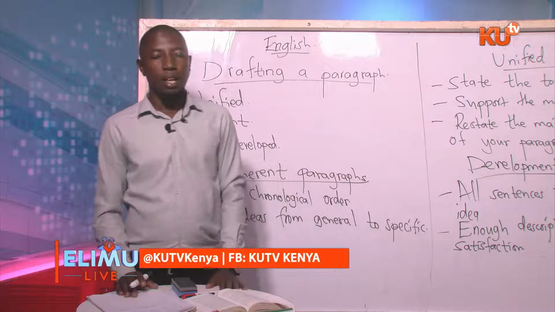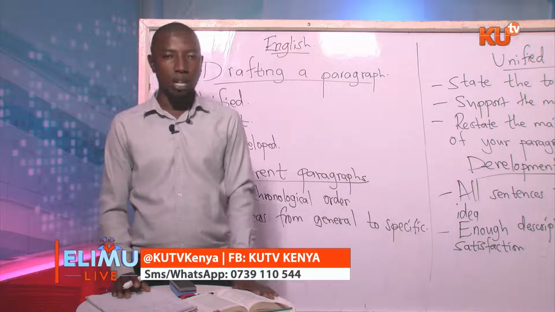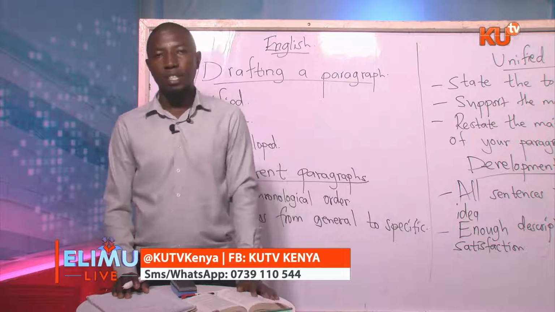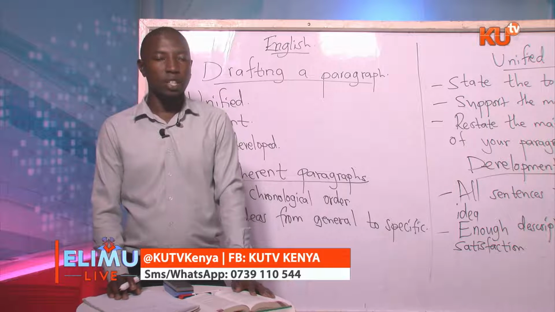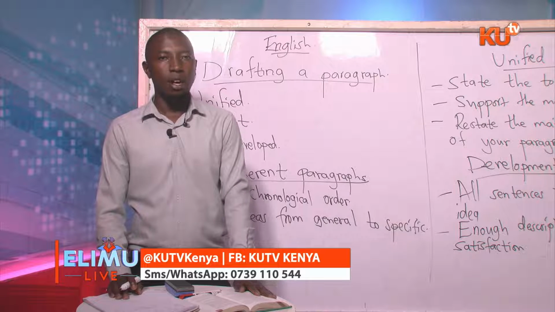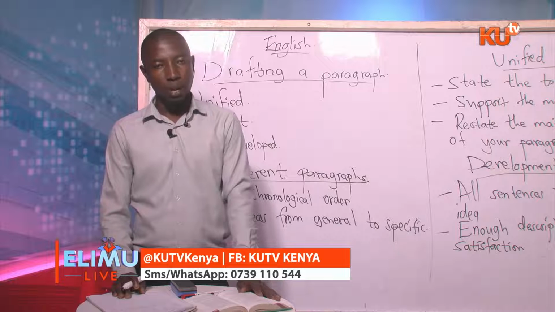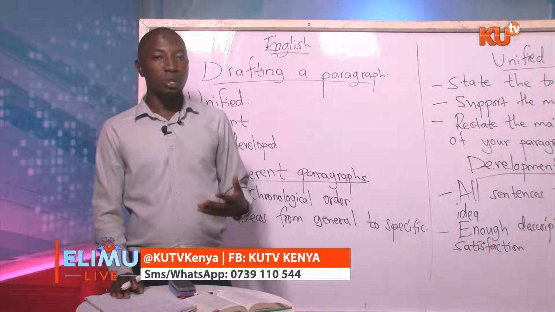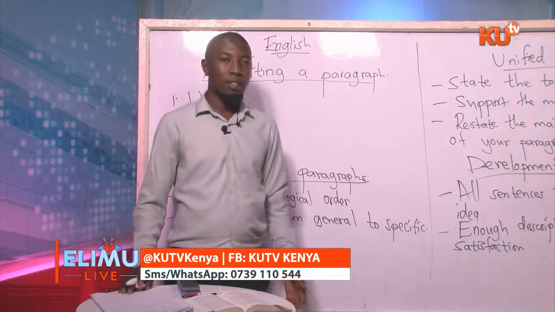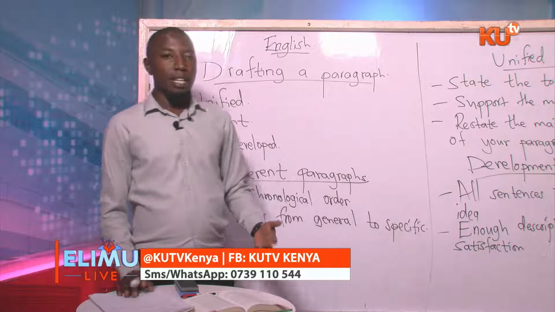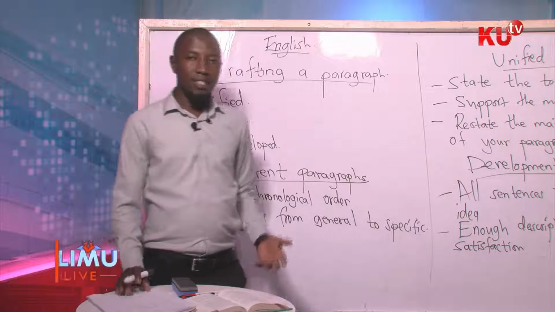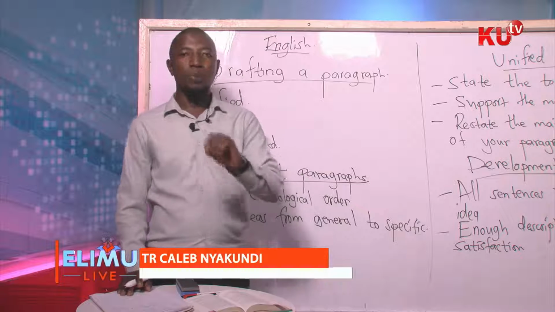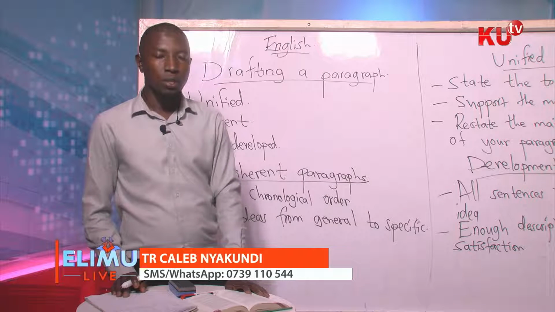So you pick another idea or thought and start writing it in the same paragraph, which is now an error. And that is why you should stick to an average of 100 words. And I'm sure your teachers in school have guided you on how to come up with a certain number of words.